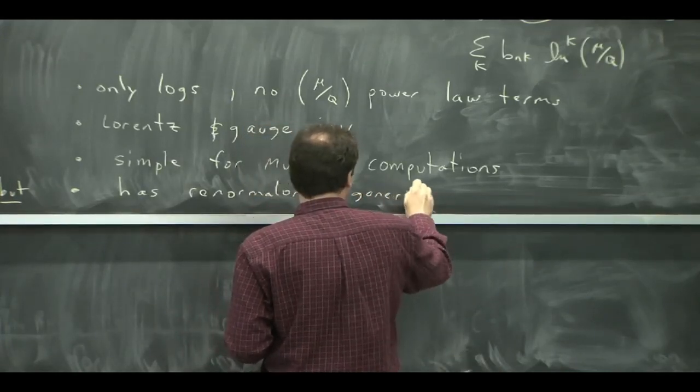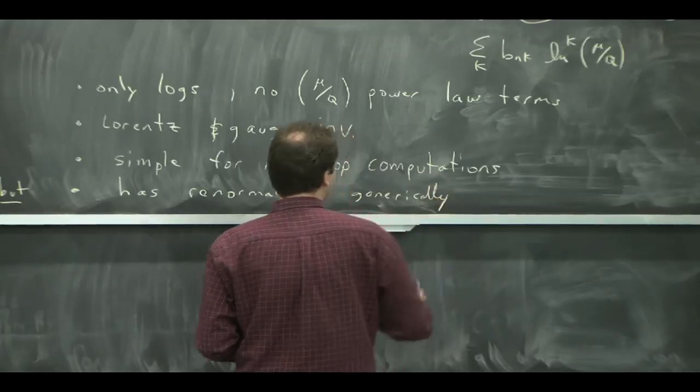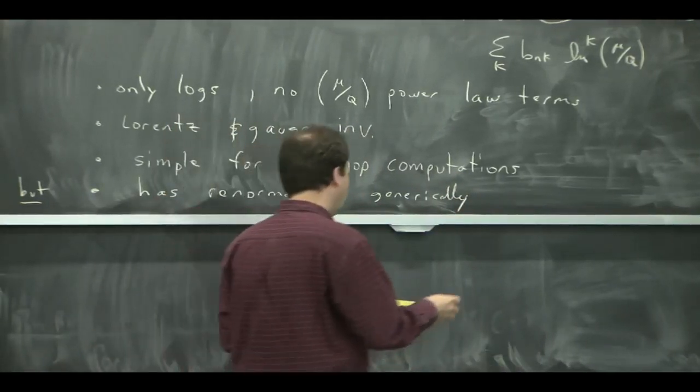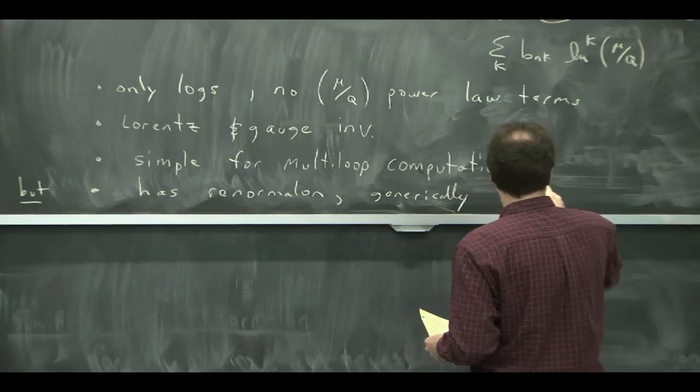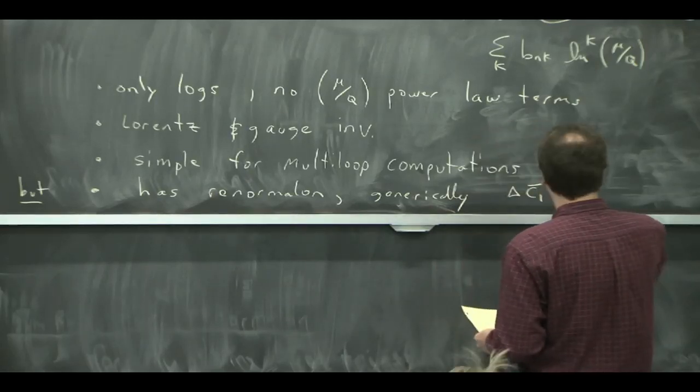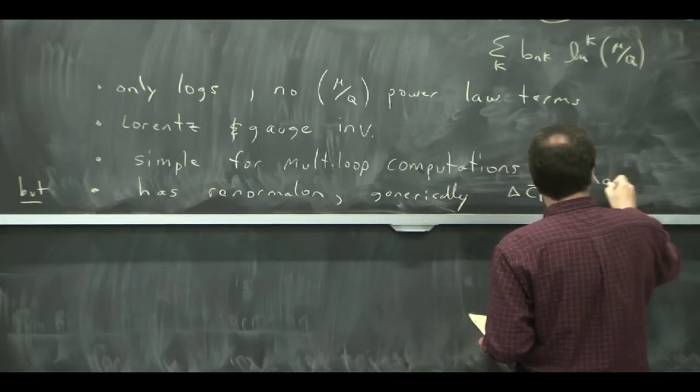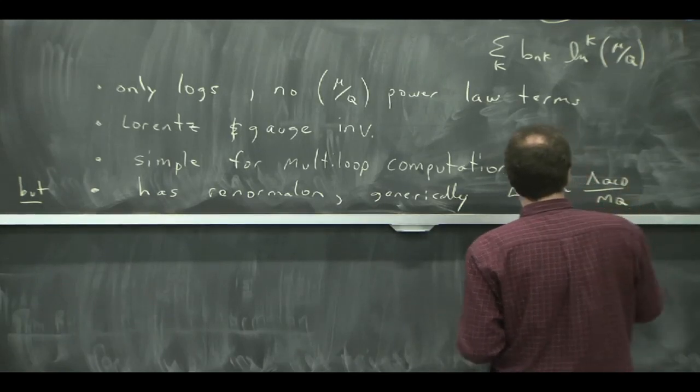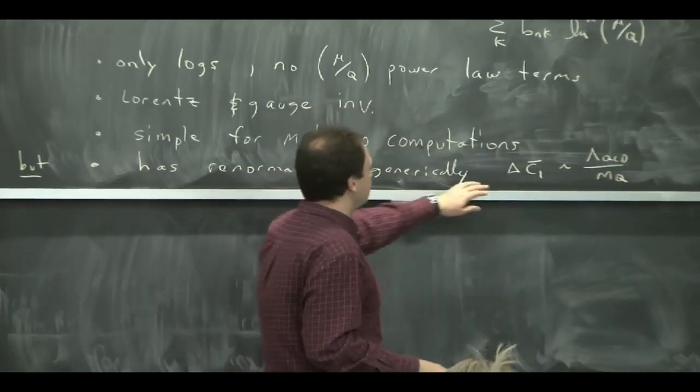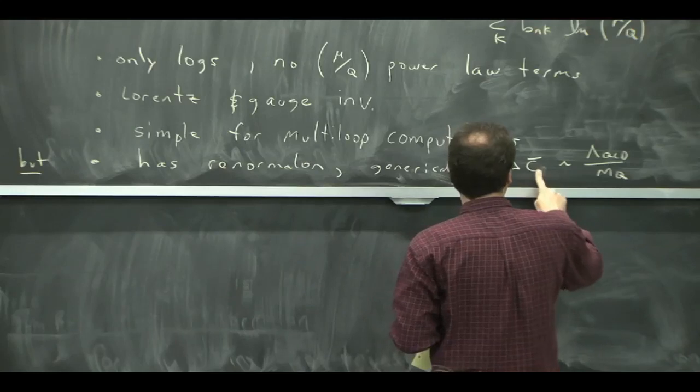So we talked about the Renormalon for a mass, and I just showed you what it was, and then we explored it. Here, let me tell you what the Renormalon would be. Generically, what the Renormalon would be is the following. You would have an ambiguity in the coefficient C0 bar.